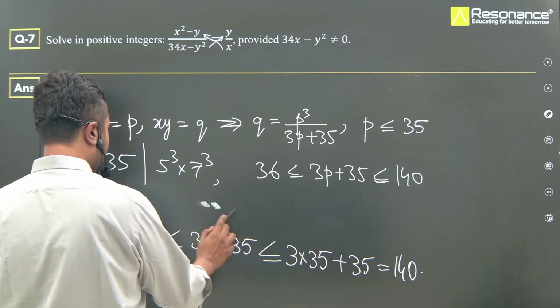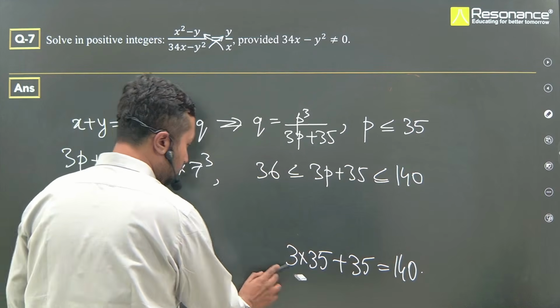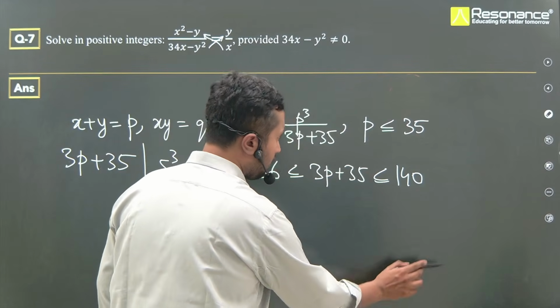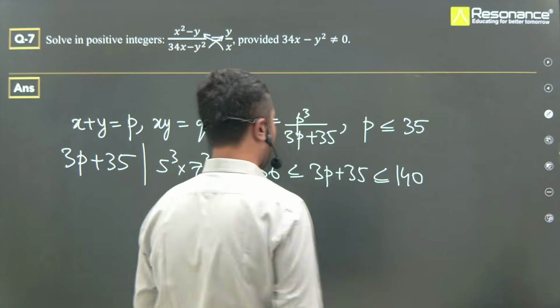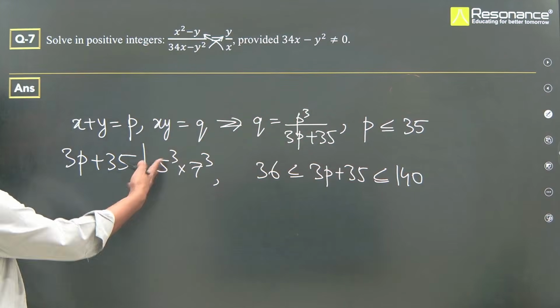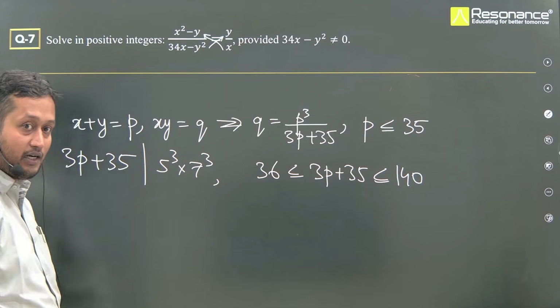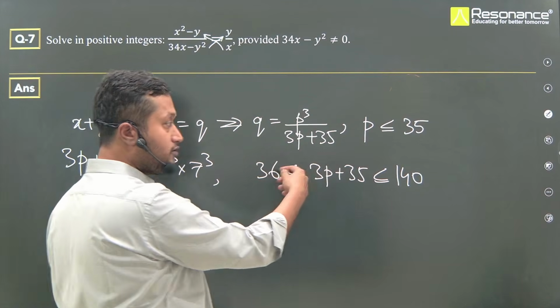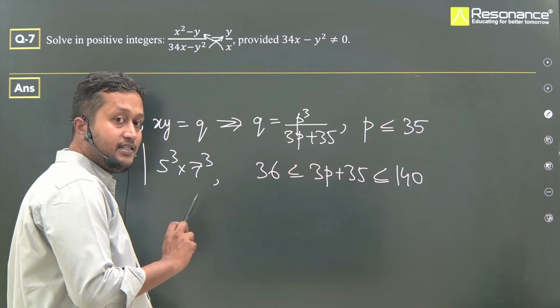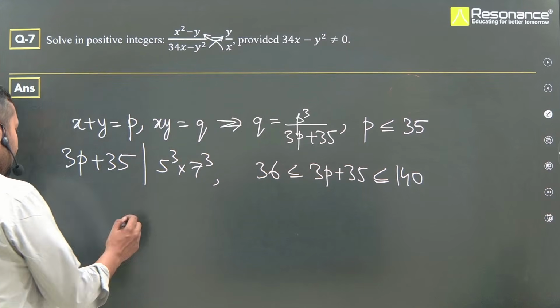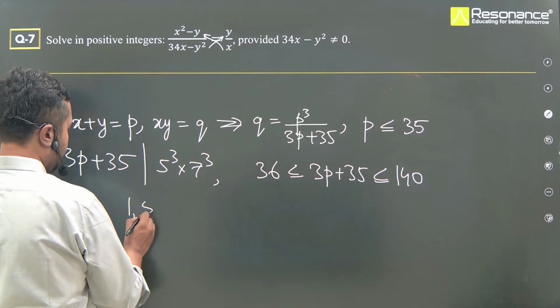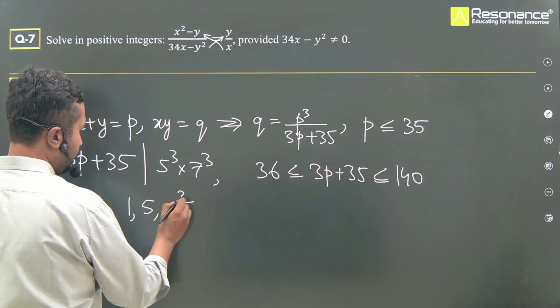I've written nothing more than what was already written. So we can think of all factors of this number. Basically, we want only those factors which are between 36 and 140. I'll just write down all the factors.